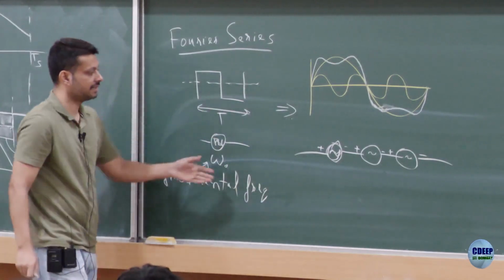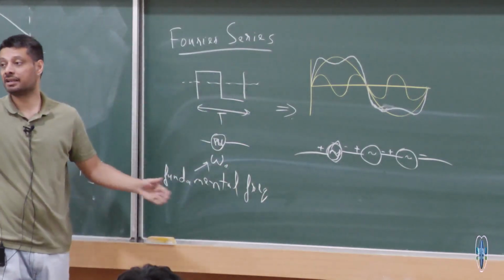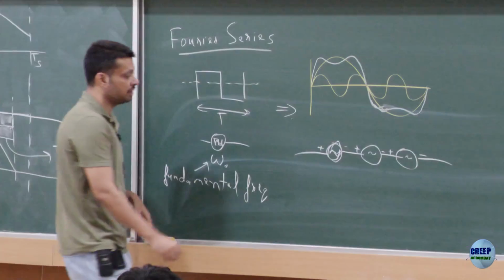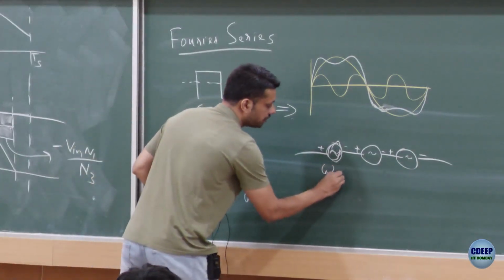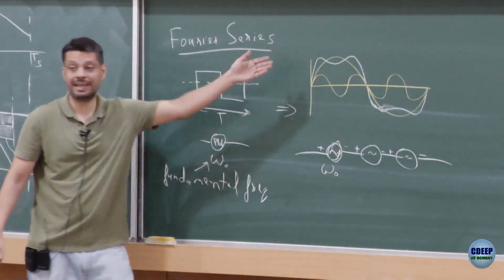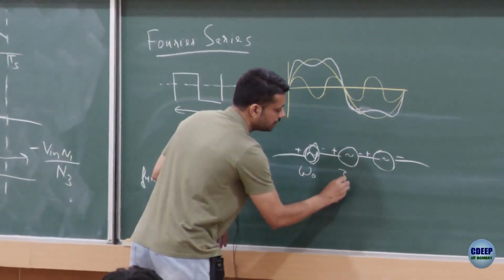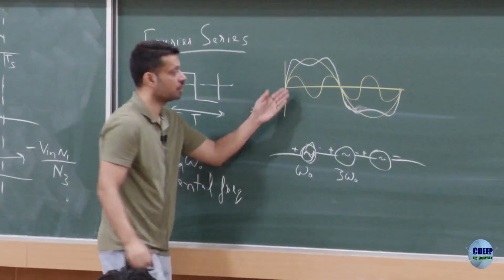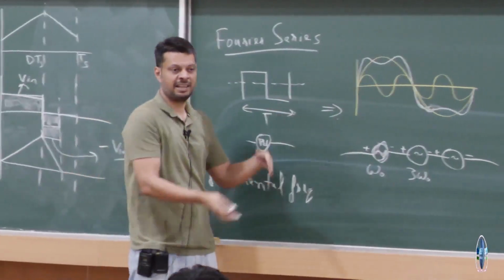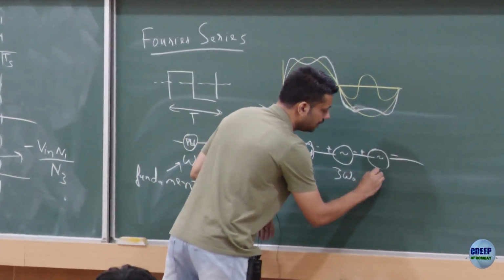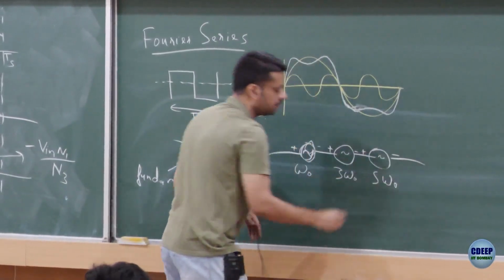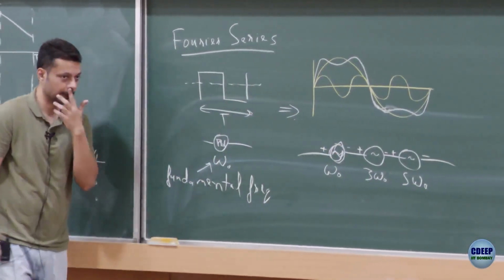Then this is made up of multiple components: a component of frequency omega naught, which was the main sine wave, another component of frequency 3 times omega naught, which was the other sine wave I drew, and in future you can keep adding more frequency components to make it closer and closer to the square wave.